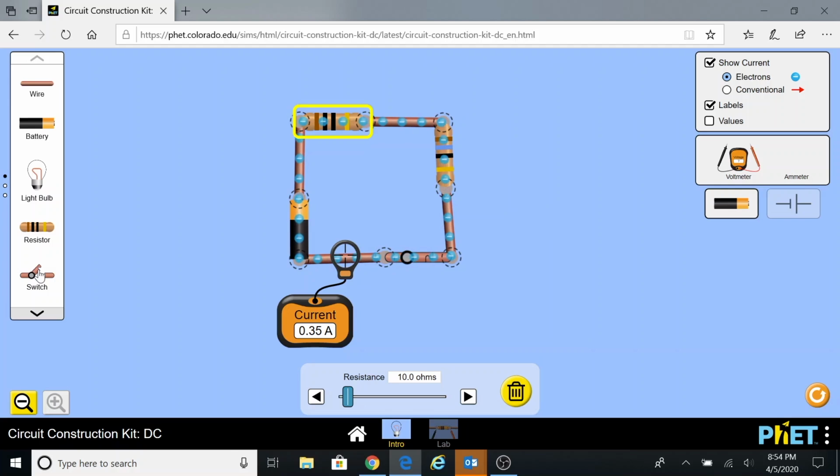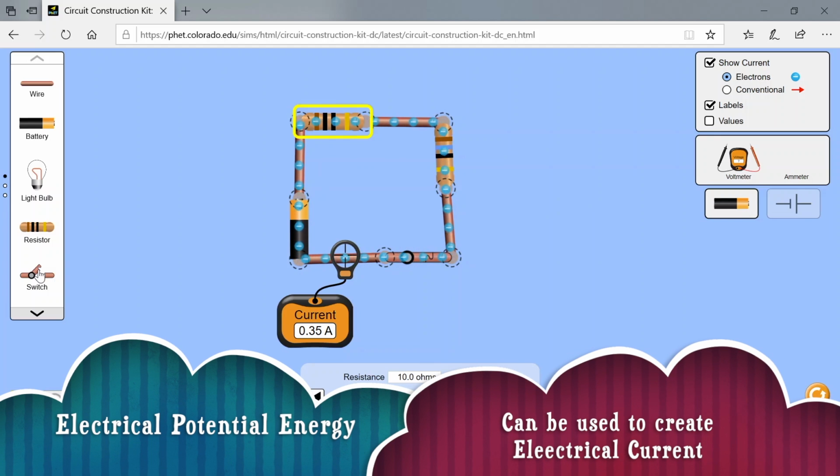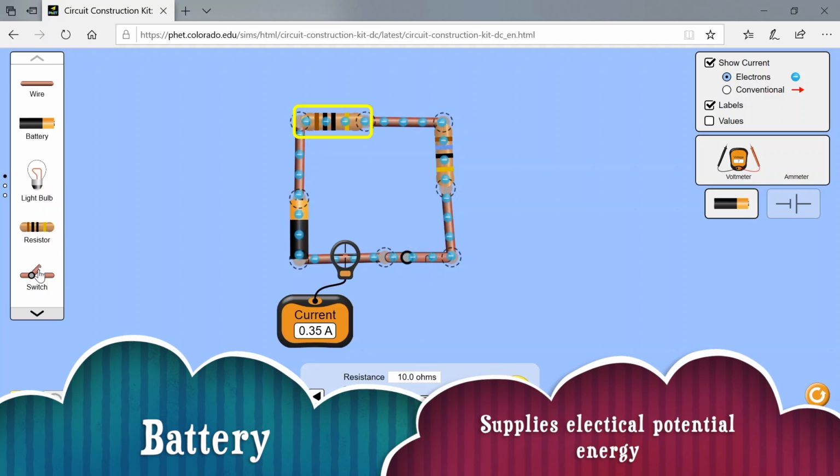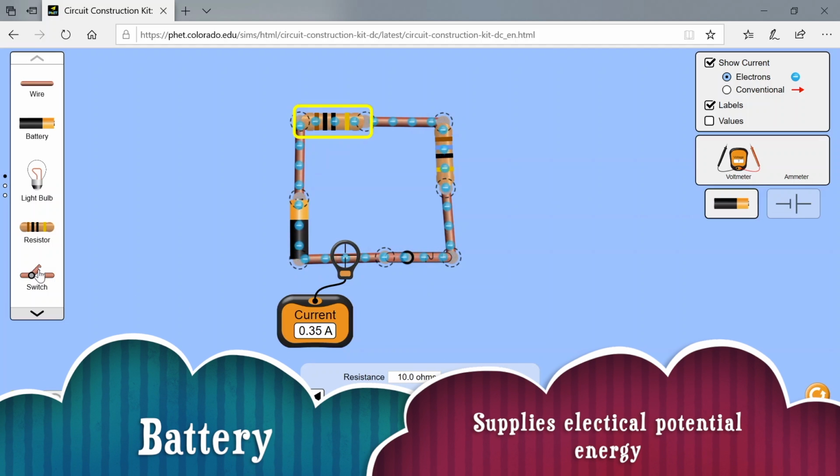So, to end this, let me add one more thing. I'm very specifically using the word electrical potential because it is important that you understand that the battery has potential energy, and when we hook it in a circuit, that potential energy is moved into kinetic.